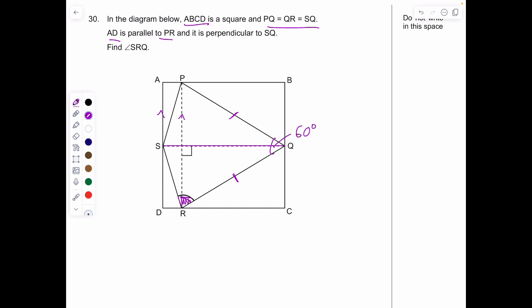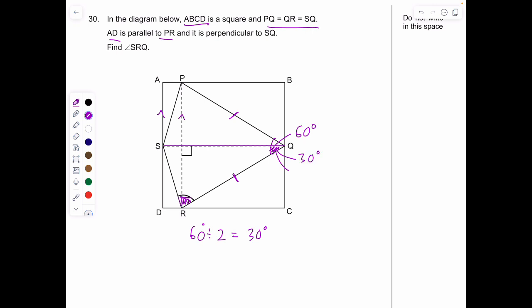So by dividing into 2, I'm able to find this particular angle. Okay, so over here, this particular one, this is 30 degrees.